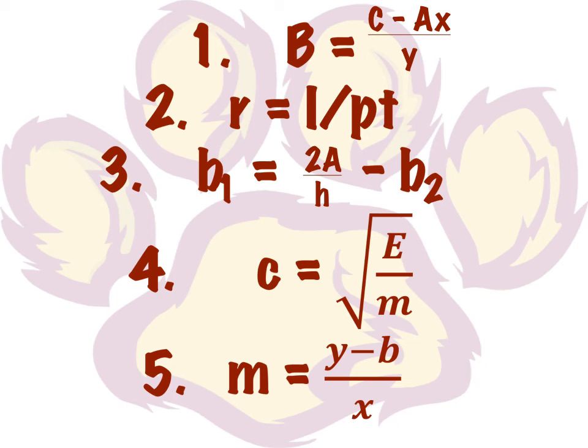Number 3, base 1 equals 2A divided by H minus B2. Number 4, C equals the square root of E divided by M. And number 5, M equals Y minus B divided by X.